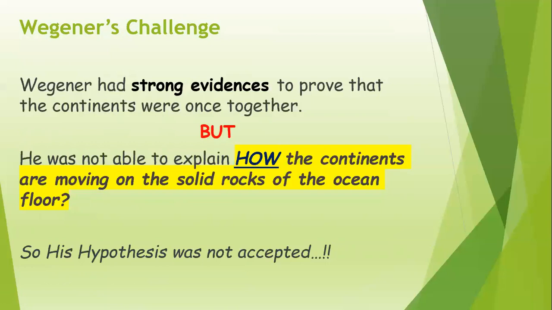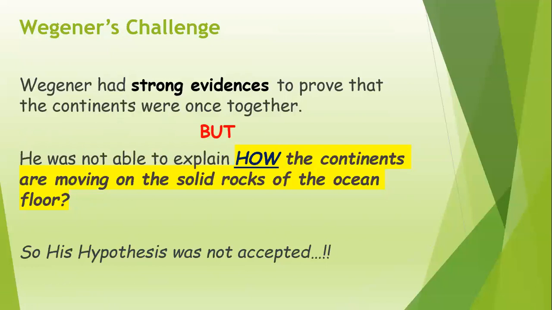In this lesson, we have only studied Wagner's observation that the continents fit inside each other. Then we studied Wagner's hypothesis that, yes, once upon a time all the continents were together as Pangaea, and then they split up and drifted apart. He called it continental drift. Then he started collecting his evidences. There were 5 pieces of evidence which we discussed.